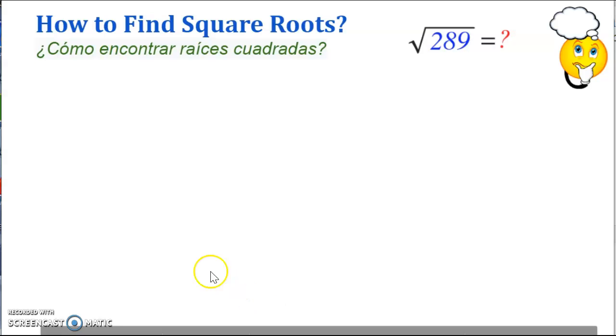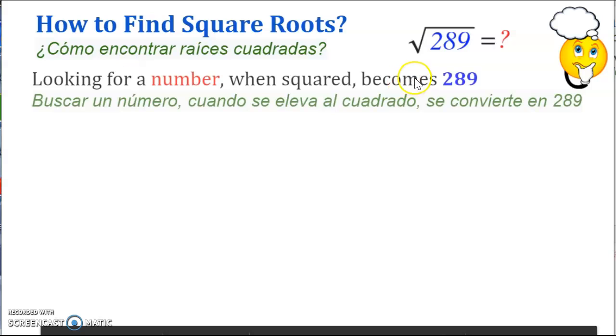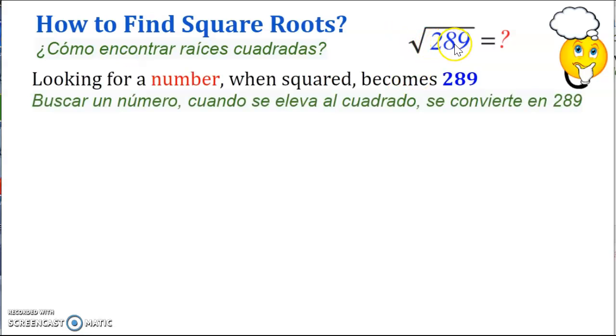All right, so how to find square roots? If you were given, what is the square root of 289? Well, you're looking for a number that when squared becomes 289. So what is the number that when multiplied, number times number, is 289?